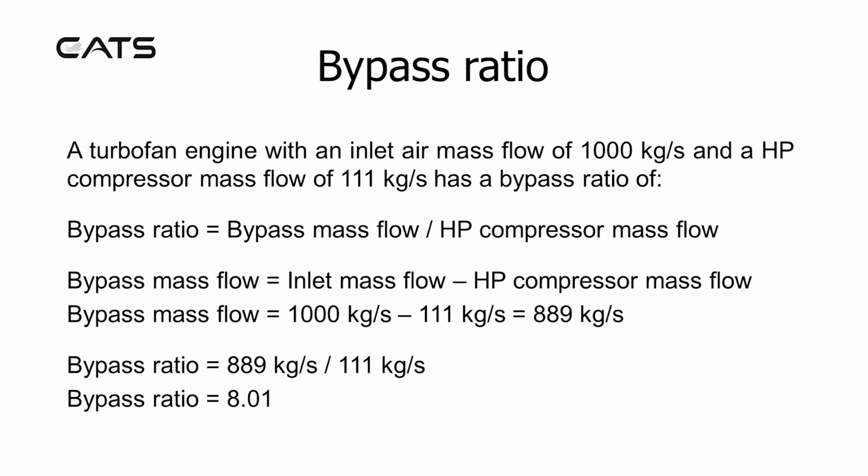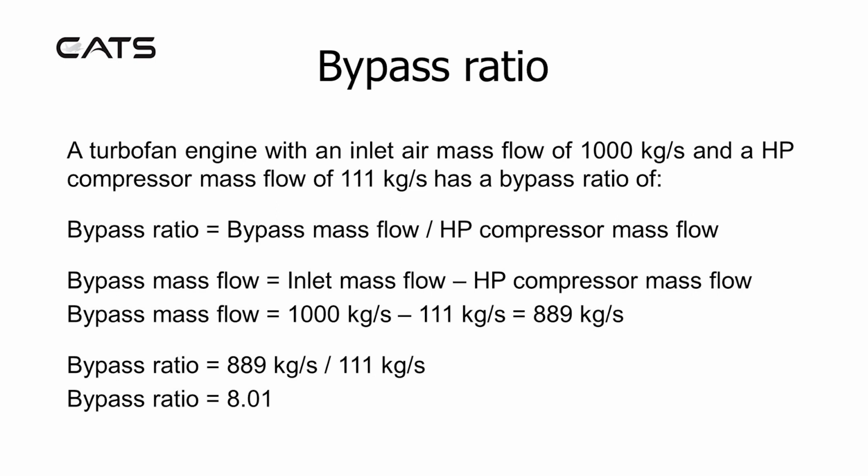Let's look at a question. A turbofan engine with an inlet air mass flow of 1000 kilograms per second and a high pressure compressor mass flow of 111 kilograms per second would have a bypass ratio of what? Let's look at the formula. Bypass ratio equals bypass mass flow divided by high pressure compressor mass flow. Bypass mass flow is inlet mass flow minus high pressure compressor mass flow.